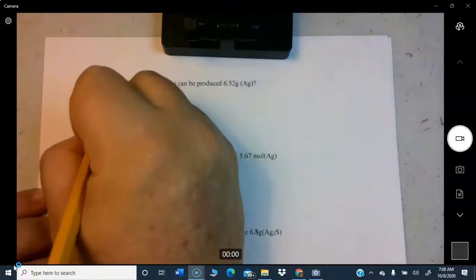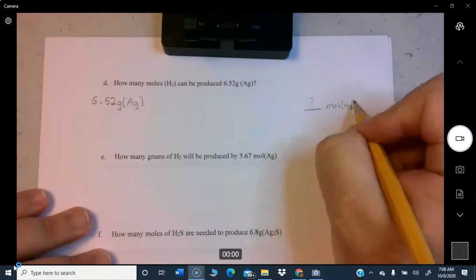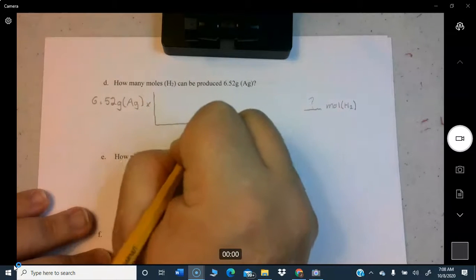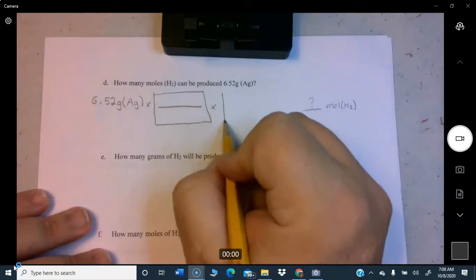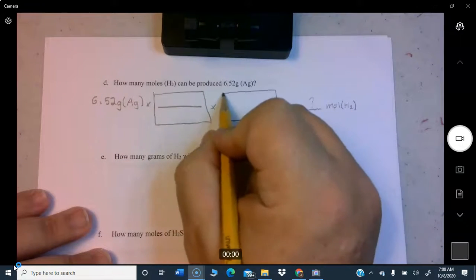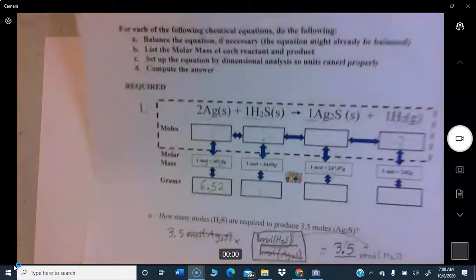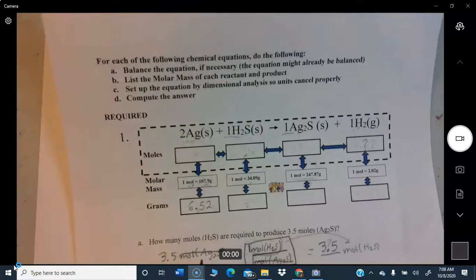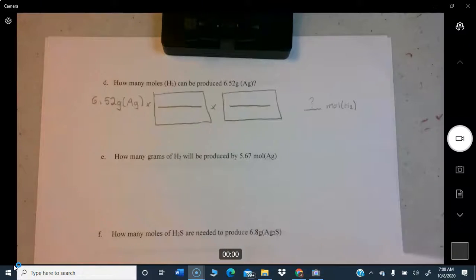Okay, so let's go ahead and write this out. Okay, and we said it's two steps, so we're going to go ahead and put two boxes here. Alright, so our first conversion is using the molar mass of silver to get from 6.52 to some number of moles of silver. So there's the conversion. I'm just going to write the ratios.